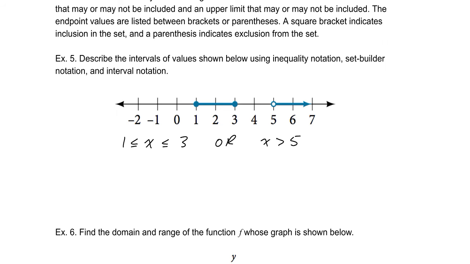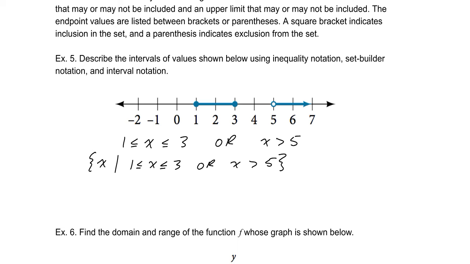All right, to write that in set builder notation, that would be very similar. That would be x such that, and then this statement we just made must be true. Okay, so there's our set builder notation.